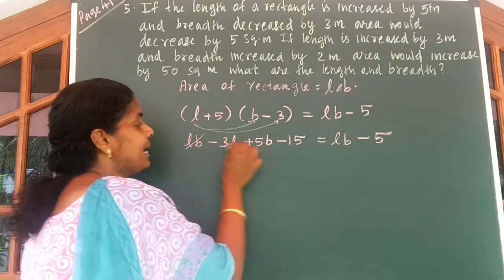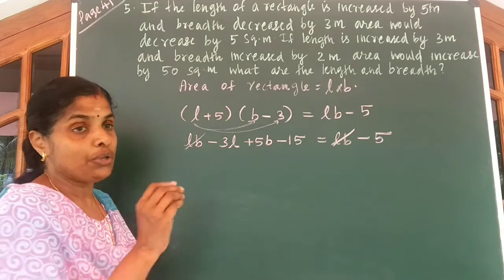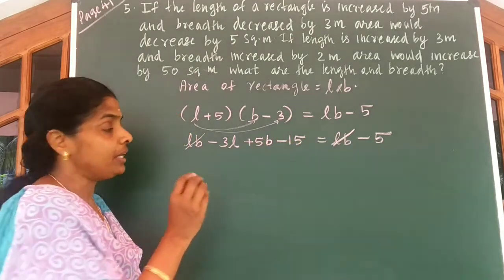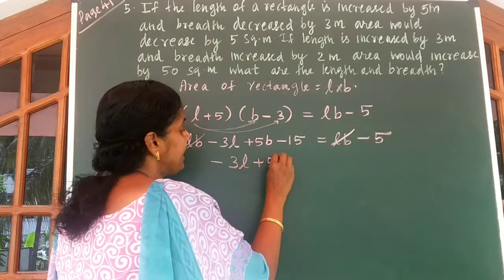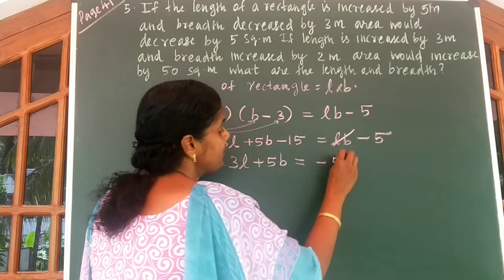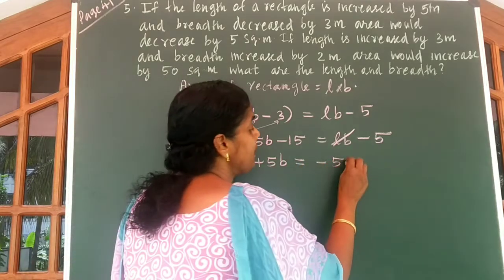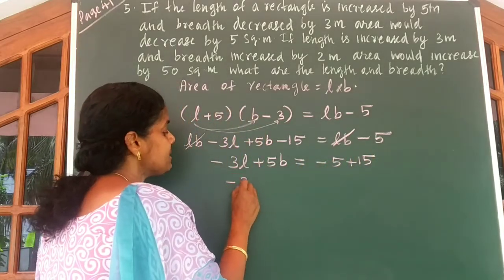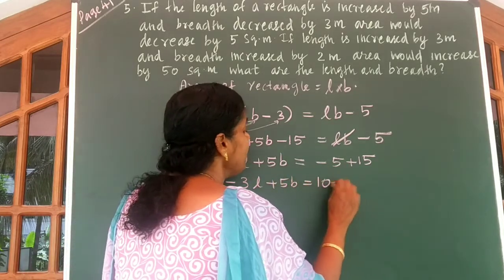You can cancel LB. Now let us write the equation using L, B and numbers. So you get minus 3L plus 5B is equal to, keep this minus 5 here, take minus 15 to the other side of the equation, it becomes plus 15. So our first equation is minus 3L plus 5B is equal to 10.